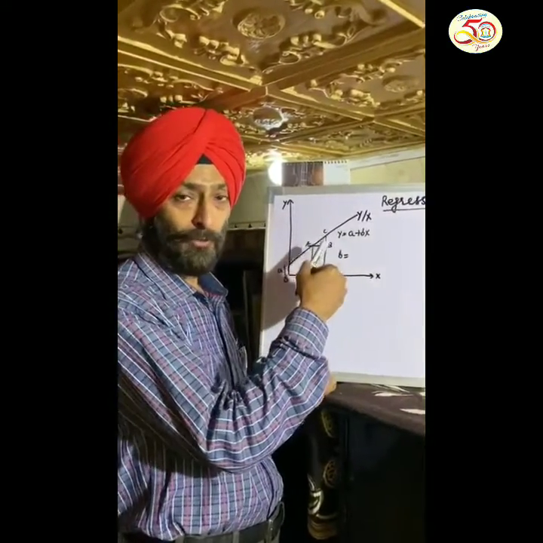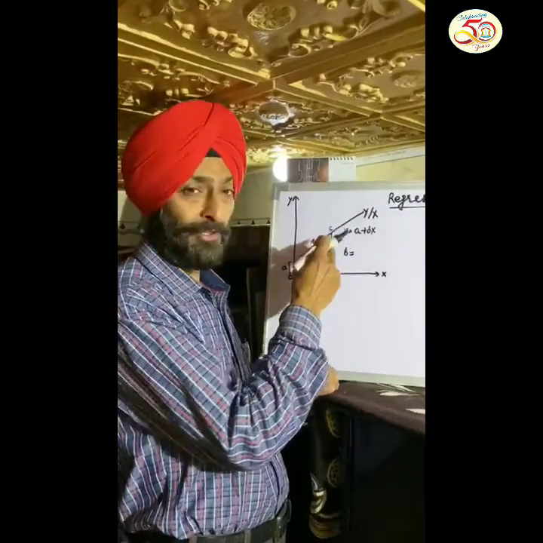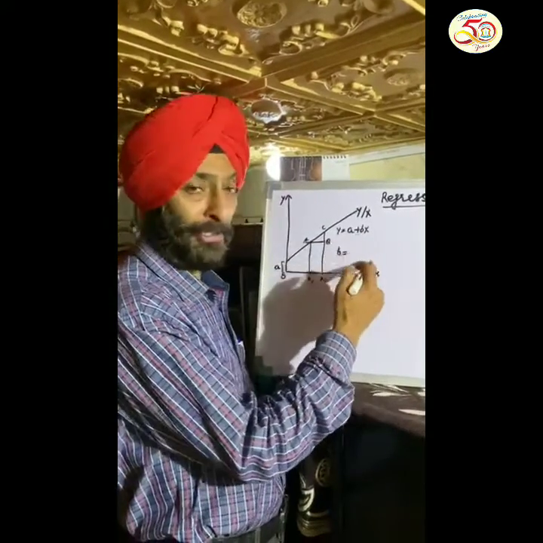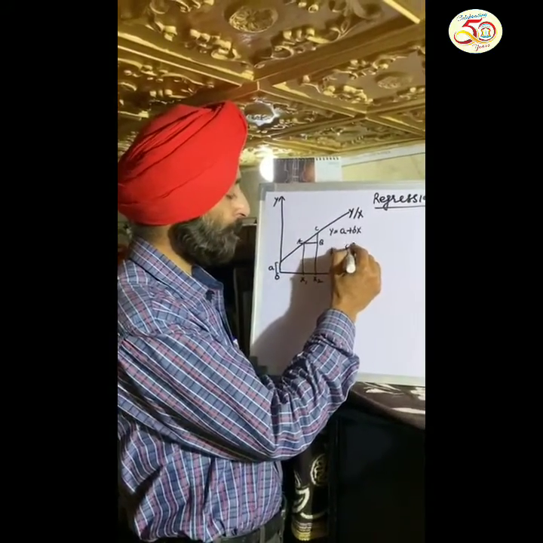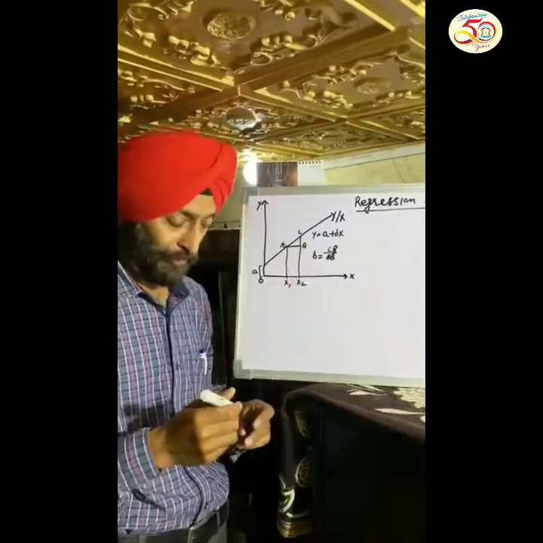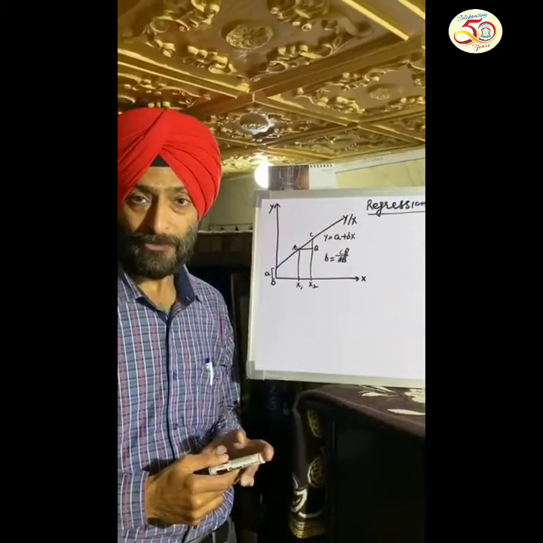It is the slope of line AC, you can say. This is the triangle ABC. The slope of AC, vertical over base, is CB divided by AB. So the slope of AC is b, that is the regression coefficient.